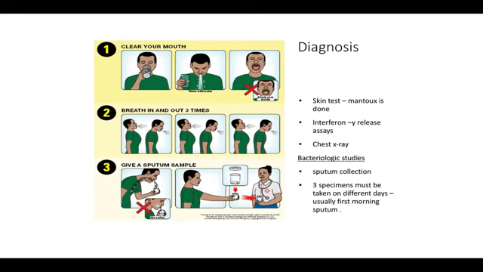The other way we're going to make a concrete diagnosis is getting a sputum sample. In your diagram here, you see on the slide how to teach the patient how to get a sputum sample. It's crucial that they follow these steps because you don't want the sputum sample contaminated.